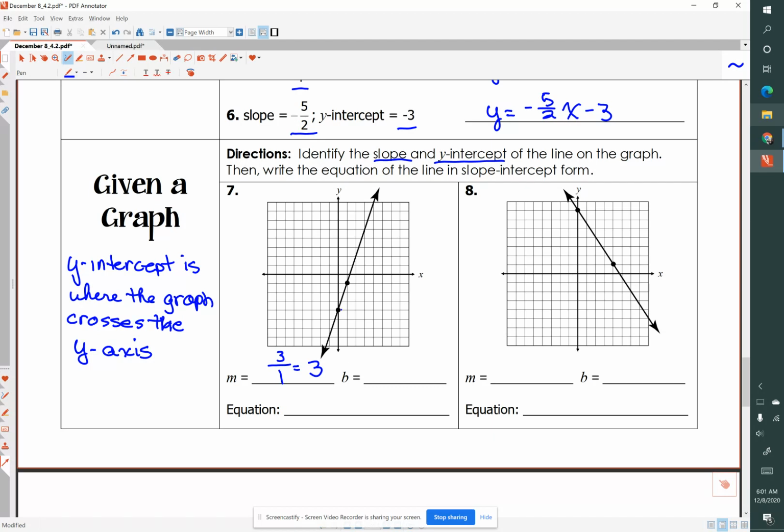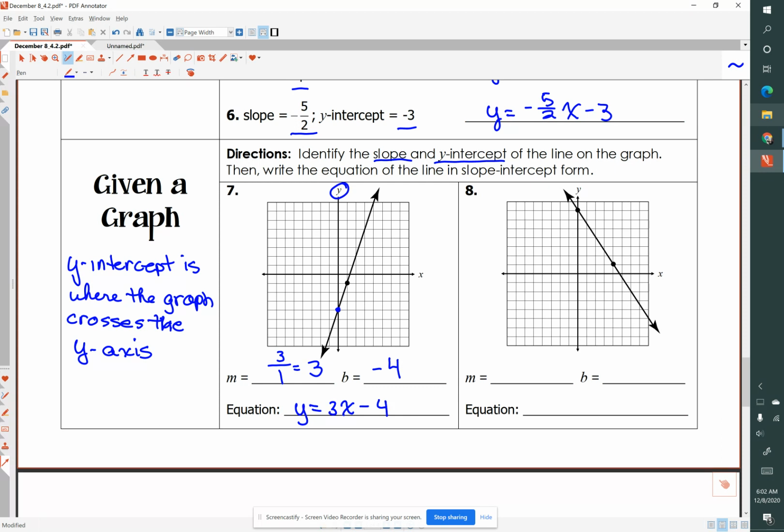Okay, now where does that happen here? Well, here's our y-axis. It crosses the y-axis at -1, 2, 3, 4, at -4. So our b value is -4. So our equation, we put this together like we did with the problems above, is y equals 3x minus 4.